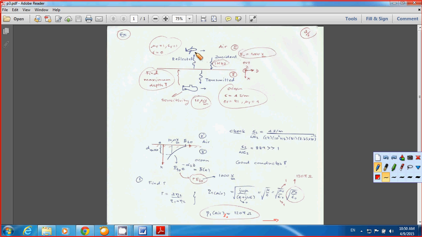If the aircraft sends a signal with an electric field of 1000 volts per meter into the ocean, and the submarine is going to detect the signal with equipment whose sensitivity is 10 microvolts per meter, this means this is the minimum electric field that the submarine can detect.